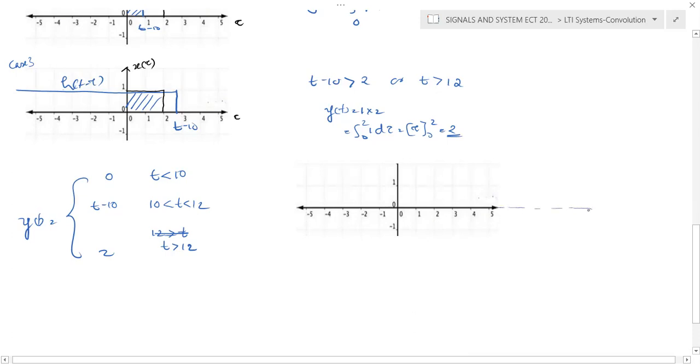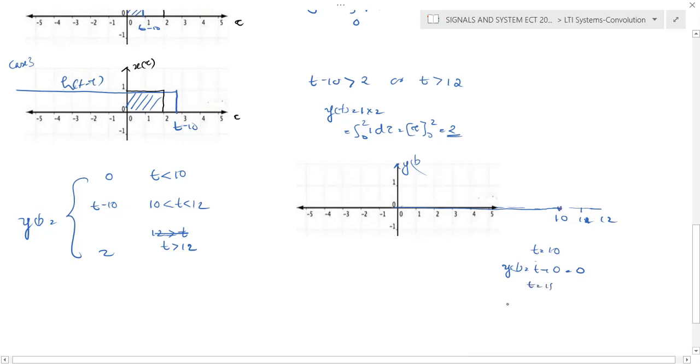Similarly, assume that this is the point 10. This is the signal y of t. If t is less than 10, you will get 0. For 10 to 12, that is 10, 11, 12, you will get the signal t minus 10. If t is equal to 10, y of t is t minus 10, that is 10 minus 10, which is 0.